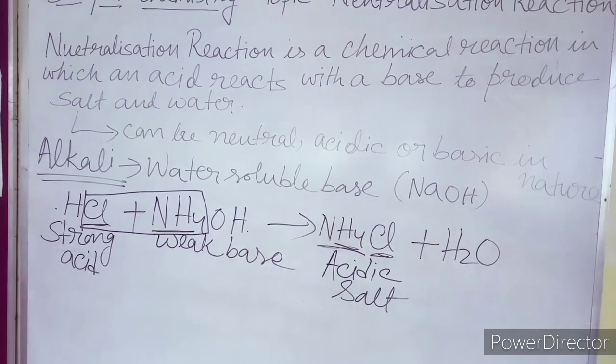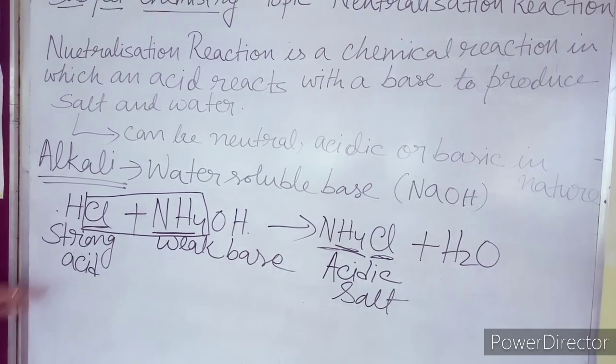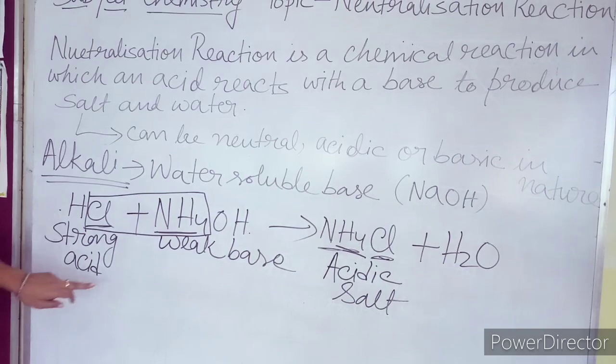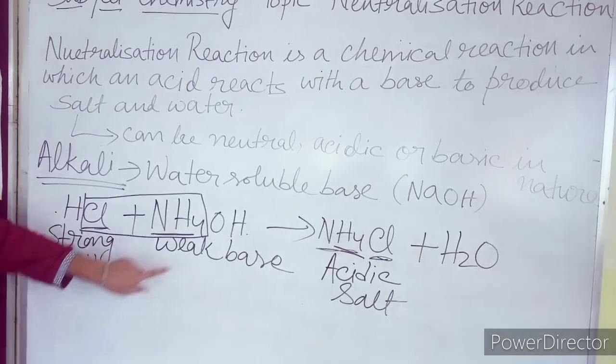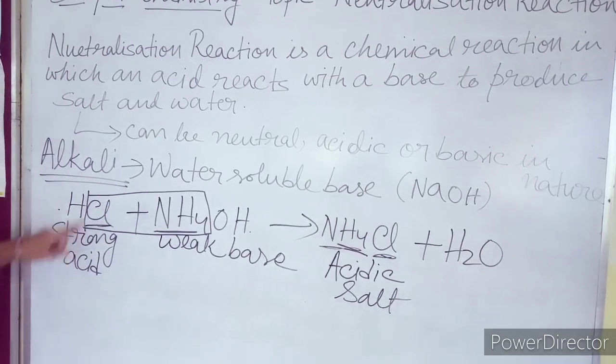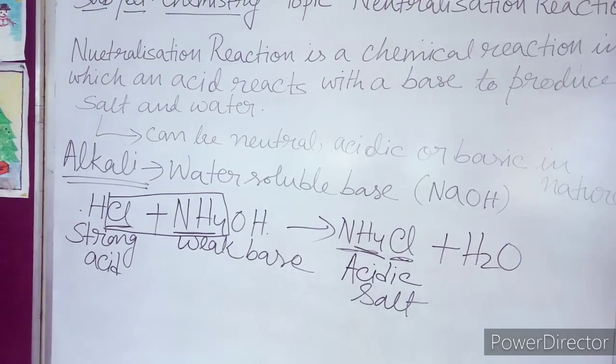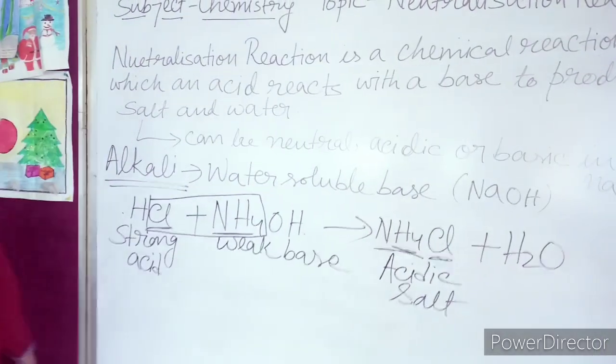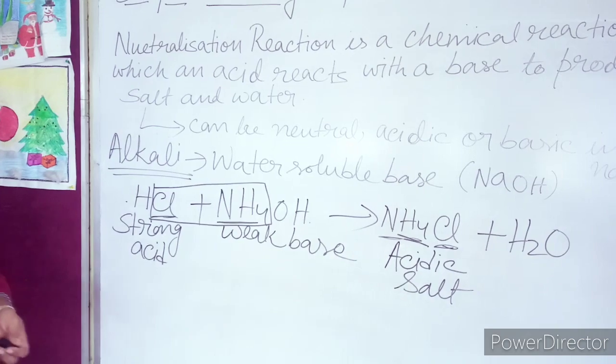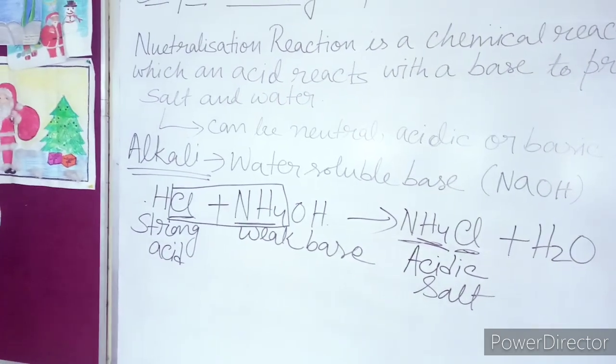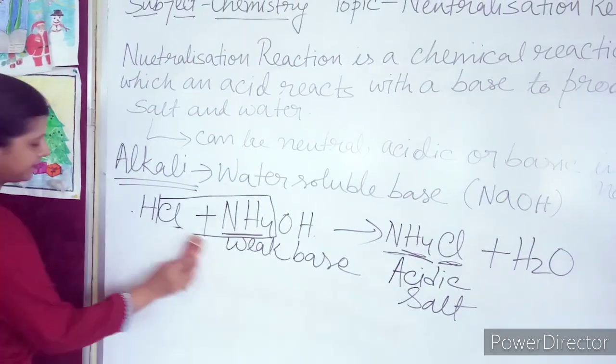So this is the second condition when I can say that when strong acid reacts with weak base, the base is unable to neutralize the acid completely. So whatever salt is produced, that is acidic in nature. Now the third one is basic salt.